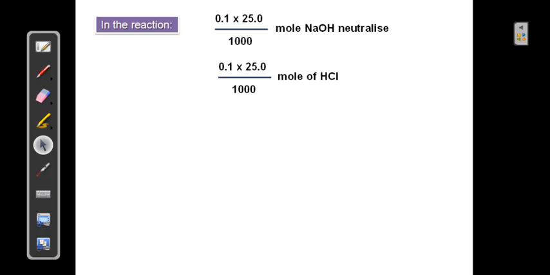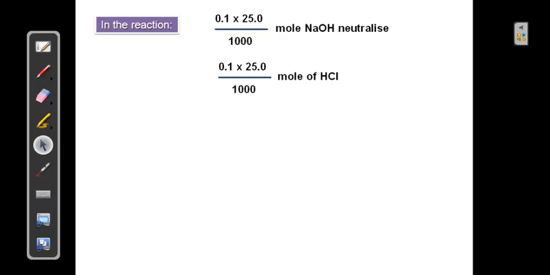So you have to convert them into cubic decimeter. Then instead of 1 mole, it is 0.1 mole times 25 of NaOH that will neutralize 0.1 mole times 25.0 over 1000 of HCl. It means the same thing.